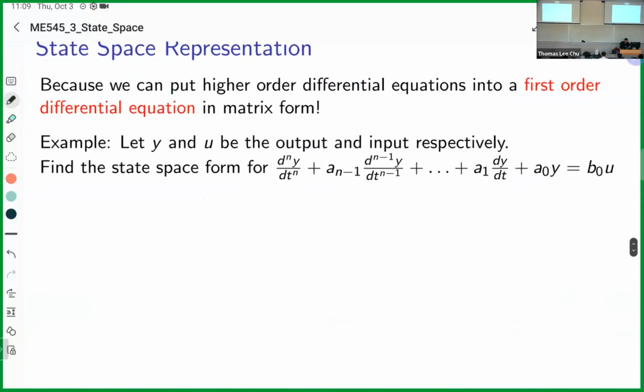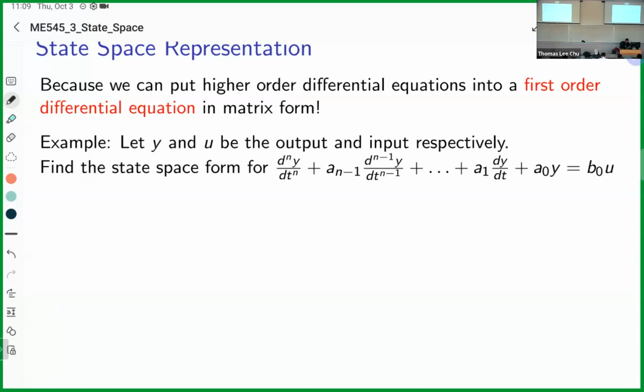Okay, now we want to find the state space for this generic form, where we have y up to the nth derivative.